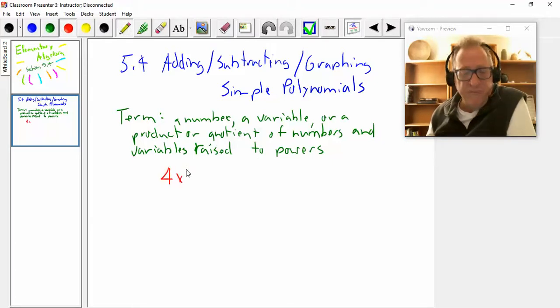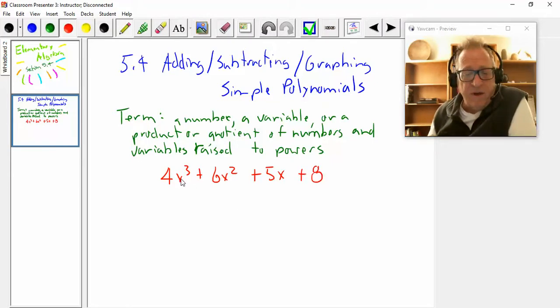Here's one. I've got 4x cubed plus 6x squared plus 5x plus 8. All right. Now, are each of these terms, or is this one term? Well, let's see. What's our definition? It says a term is a number. Okay, well, that 8 must be a term. How about a term is also a variable or a product or quotient of numbers and variables?